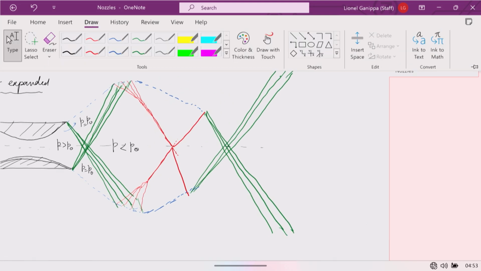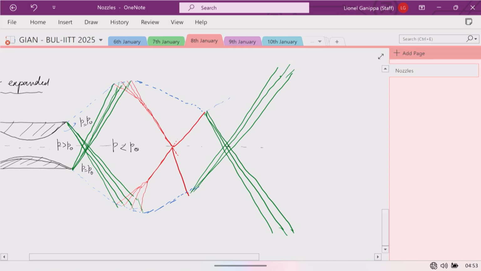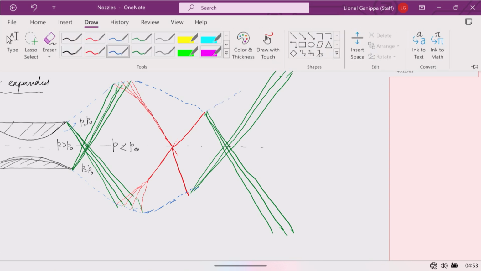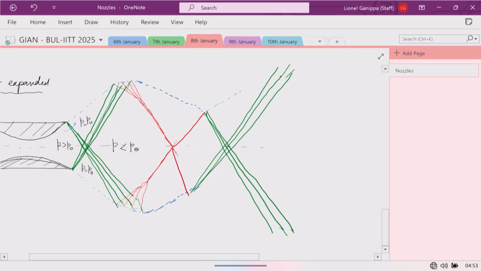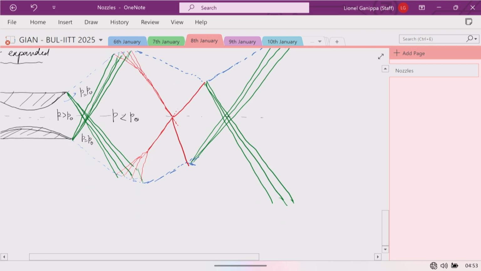And this will cause the flow to turn further. So this phenomenon starts, the cycle repeats.